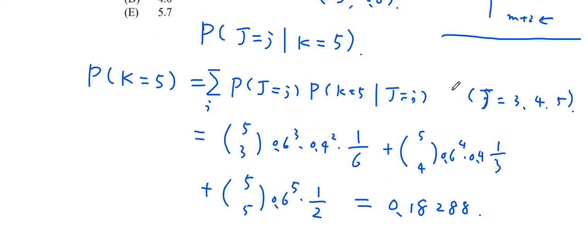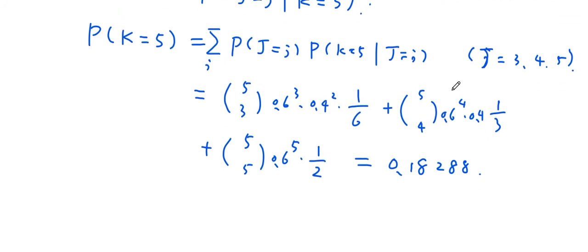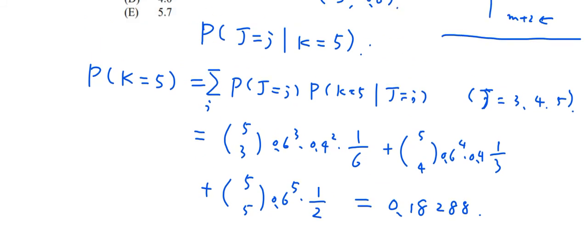Okay, so now how to find this probability, j equal j. Let's check when k equals 5. Then j can only be 3, 4, or 5.